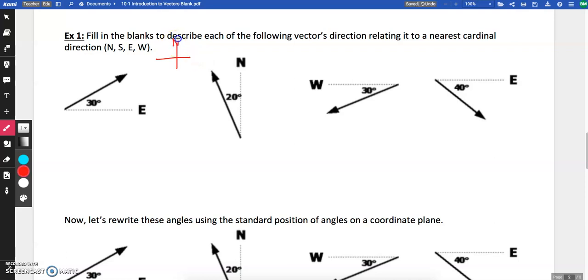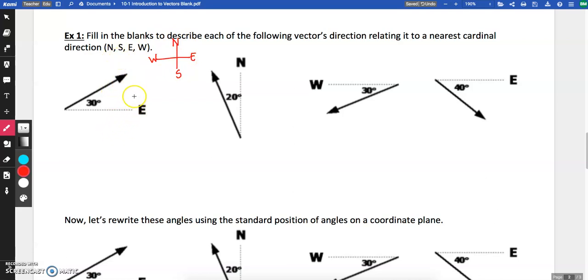So this is different than where we start at 0 degrees in trig, over on the positive x-axis. But when we talk about north, north is our 0 degrees. And then we move around east, south, west.